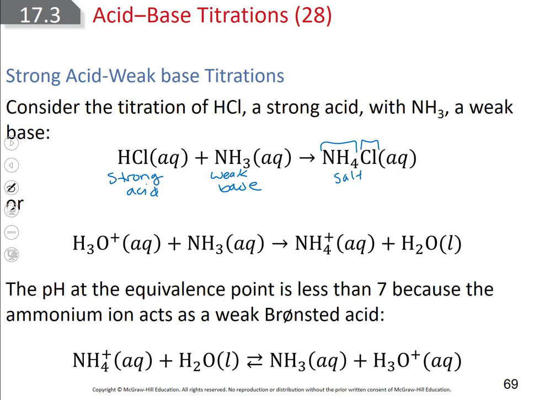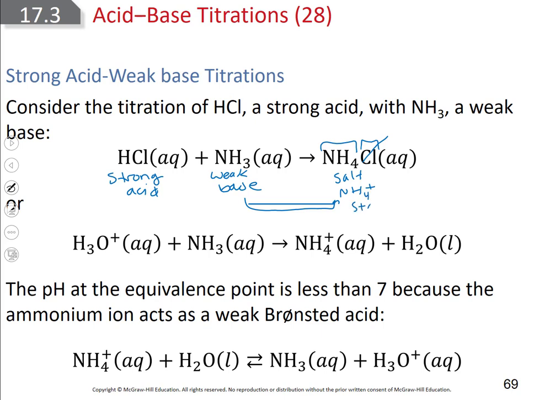Can chloride affect the pH? No. Hydrochloric acid is a strong acid, which makes chloride its conjugate base a what base? Strong acids have what conjugate bases? Weak conjugate bases. So the chloride ion is not going to be able to affect the pH. Can ammonium NH4 affect the pH? Yes. If ammonia is a weak base, then ammonium NH4 plus is a what?